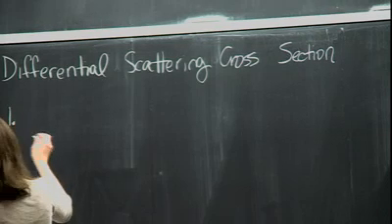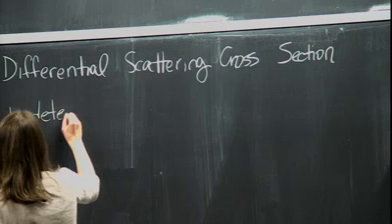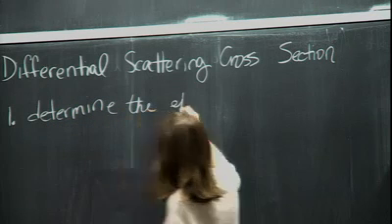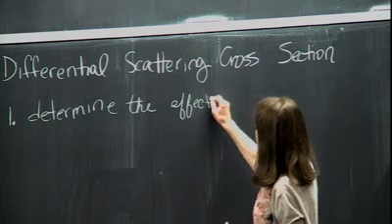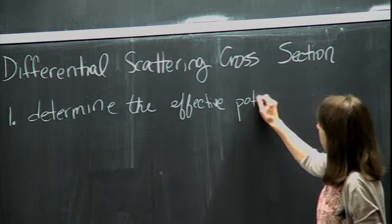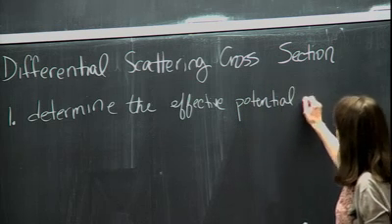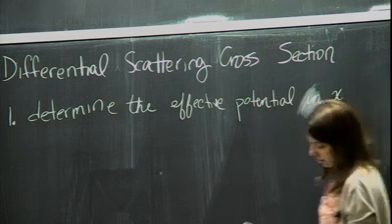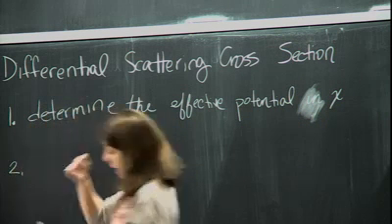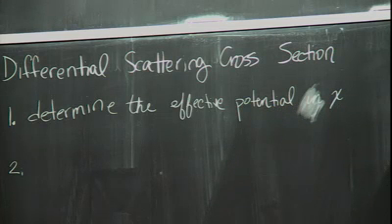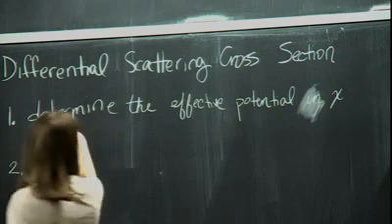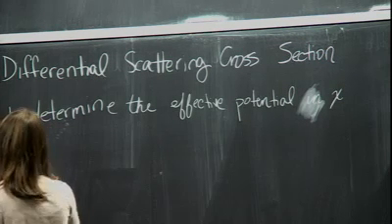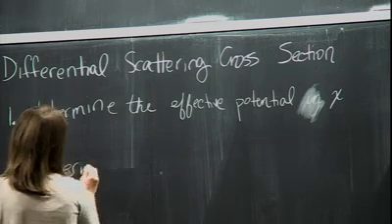for any general interaction, the first step will be to determine the effective potential of the interaction in position space. Then the second step will be to determine the non-relativistic matrix element that corresponds to this effective potential.